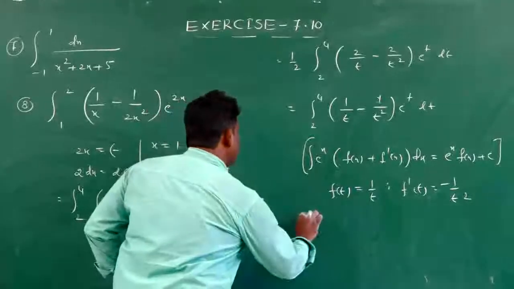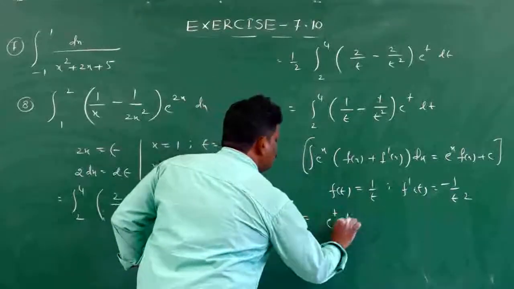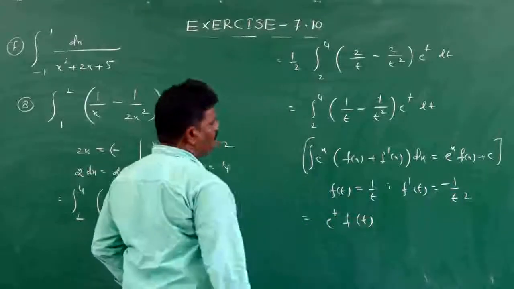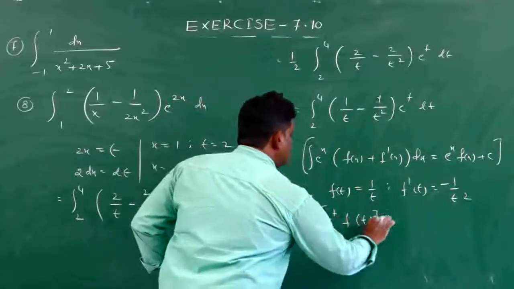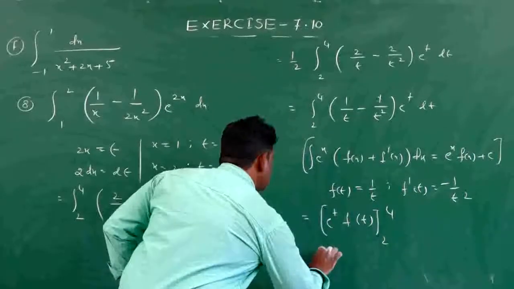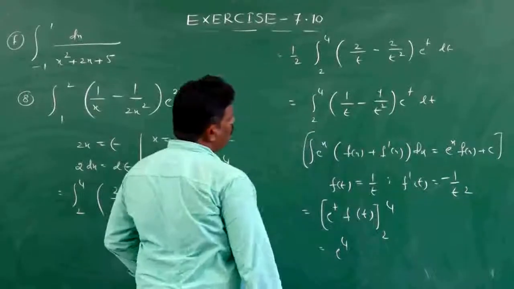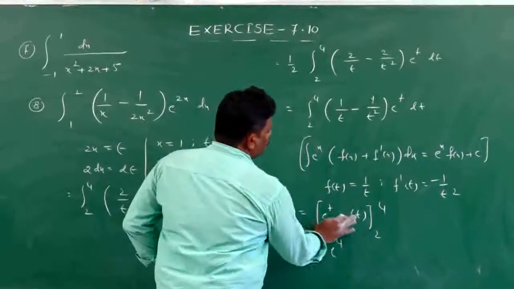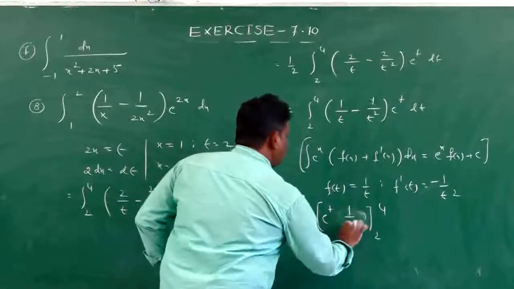The result is e power t into f of t with limits 2 to 4, that is e power 4 into 1 by 4 minus e square by 2.